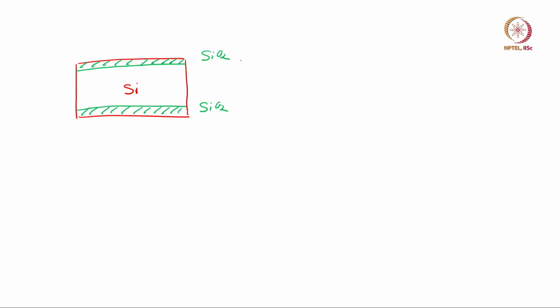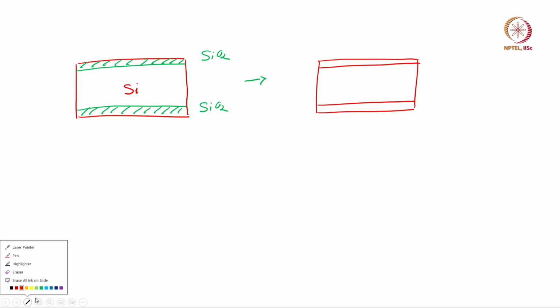And the next step after this, if I want to deposit a metal onto this oxidized silicon wafer, which technique can I use to deposit this metal on silicon? So, what is the technique that we have to see, and that is what we call a deposition technique.